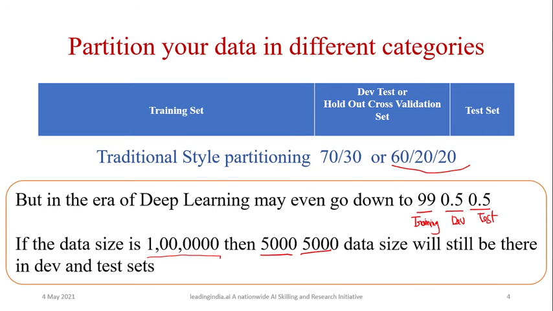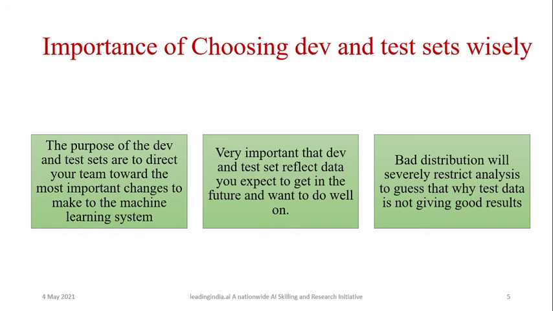And 5000 images is good enough to cover most of the variety or distribution of the data. So ultimately, while you divide the data, you have to look into the distribution. The development set and test set should also cover each type of data. Ready? So that's the way you divide the data.